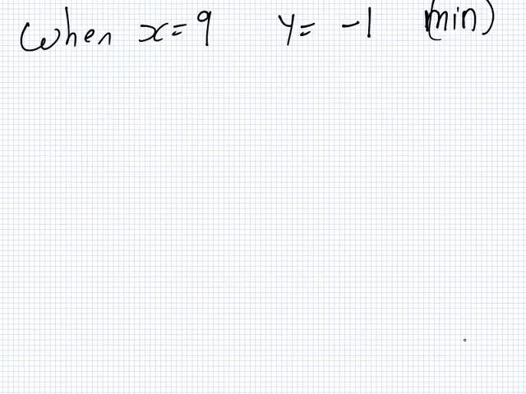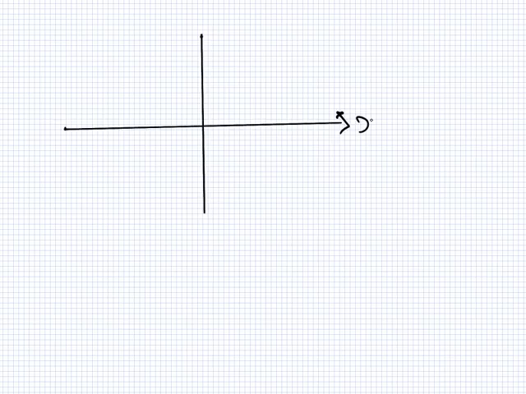Okay. Now, I'm going to let you try one that's a little difficult, but I'll draw it. So we have this. This is x, this is y, and it's like this.